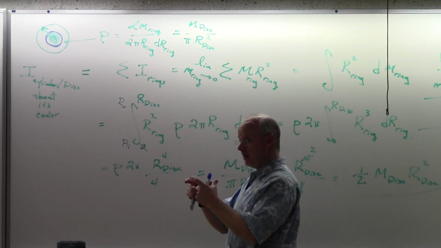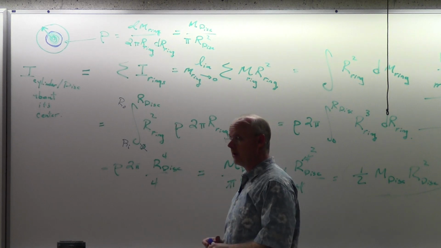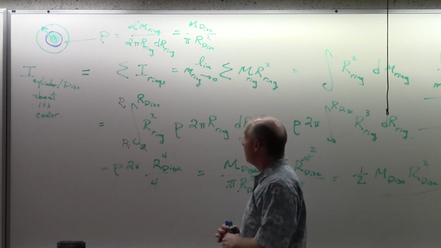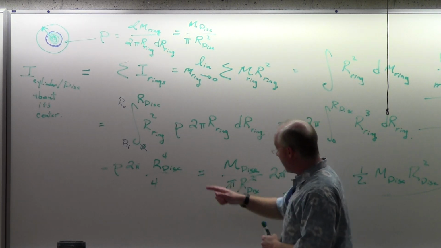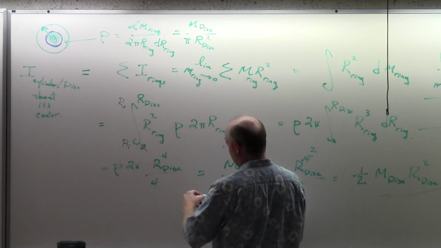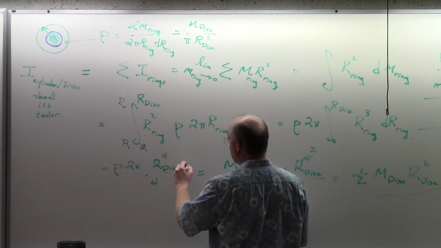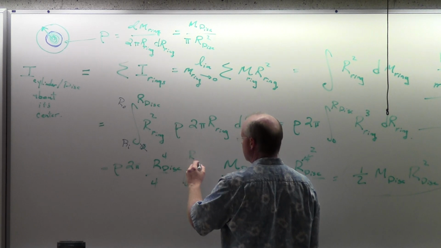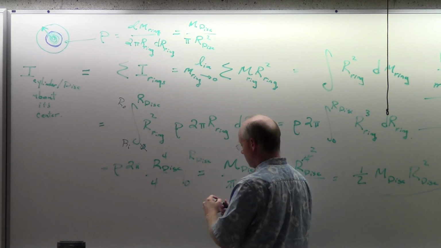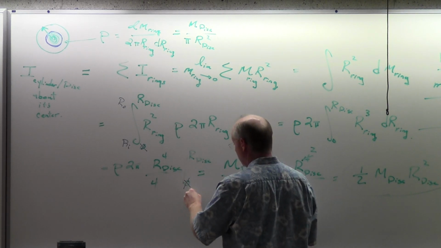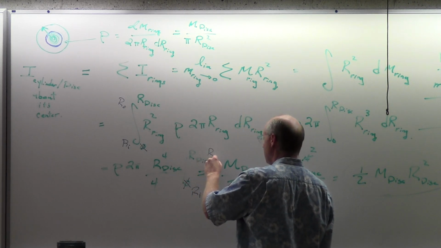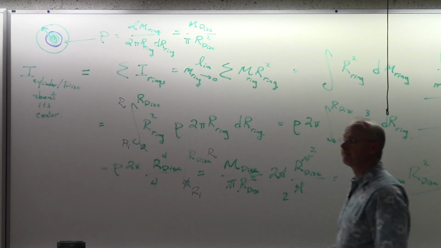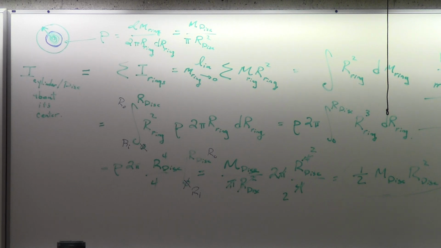Because you would add up a ring and go all the way in. And so right here, in this case, I had 0 to radius of disk. You would have inner radius to outer radius as you were adding it up.